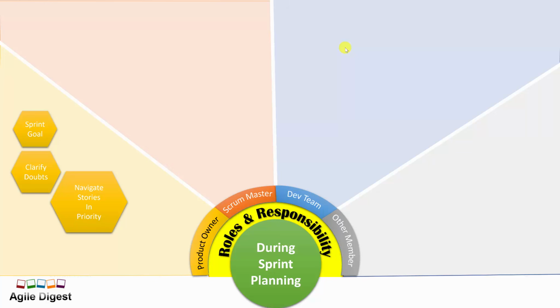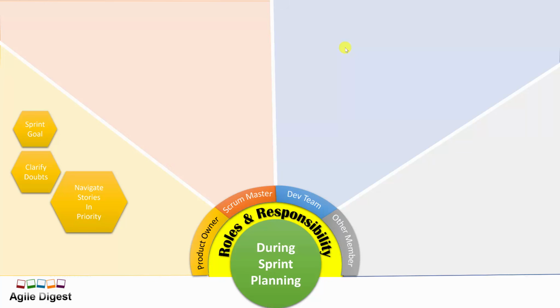The product owner also clarifies doubts if any stories or product backlog items came up that were not cleared earlier or need grooming. The product owner can also clarify doubts at the time of sprint planning.